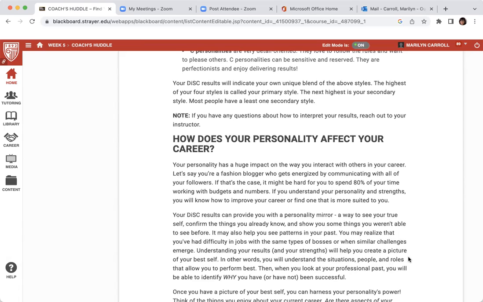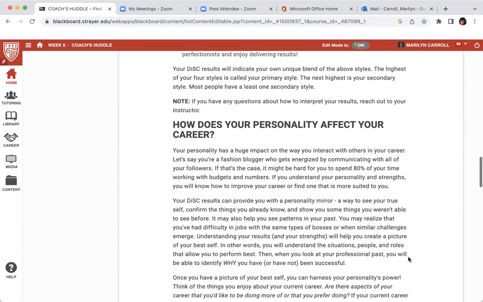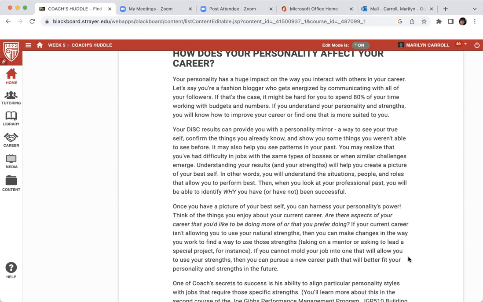Now, when you look at your professional past, you will be able to identify why you have or have not been successful. Once you have a picture of your best self, you can harness your personality's power.